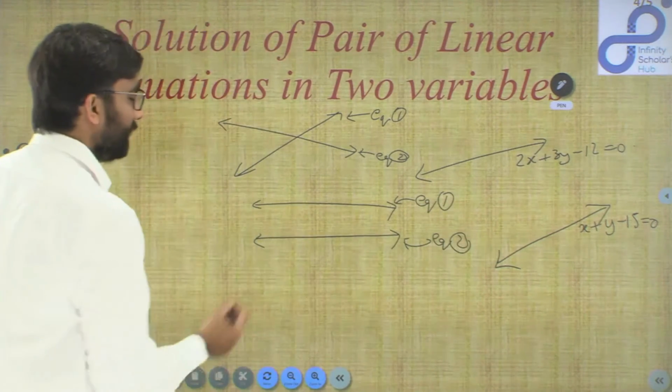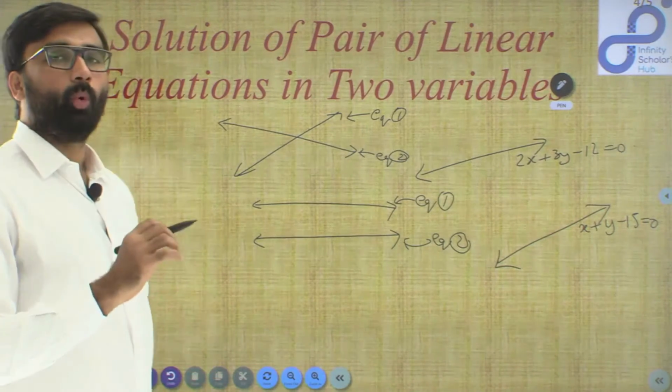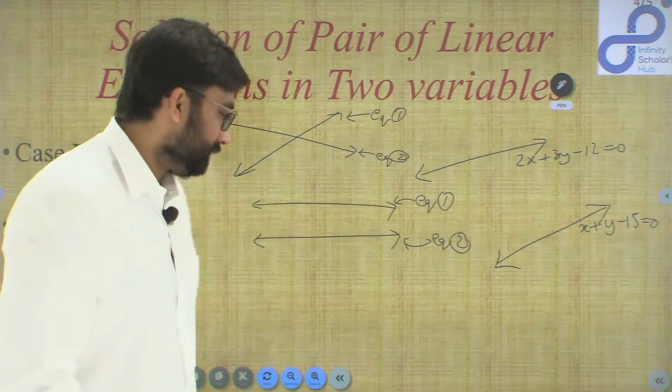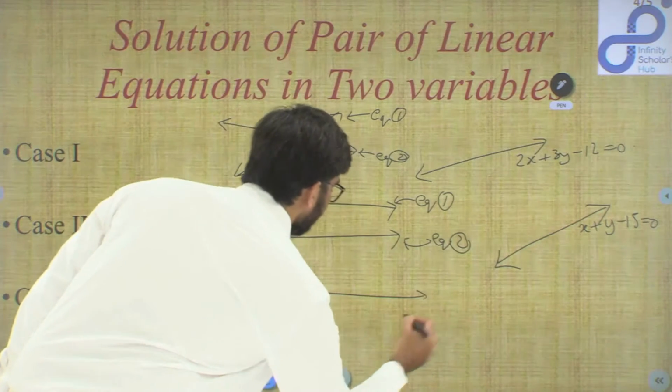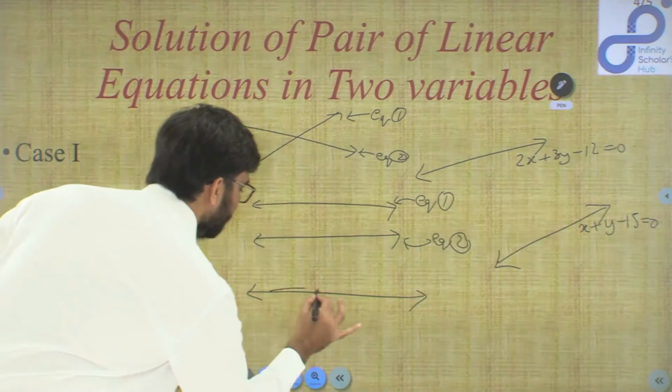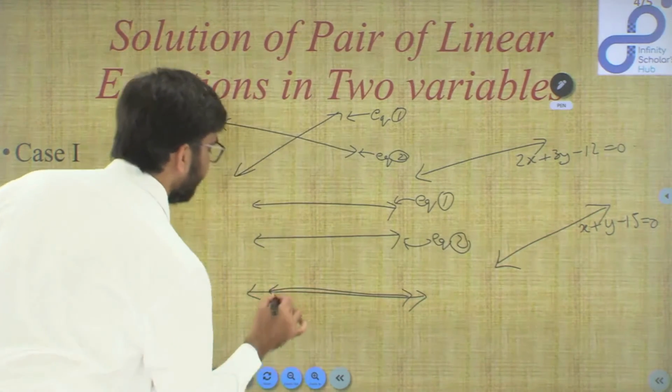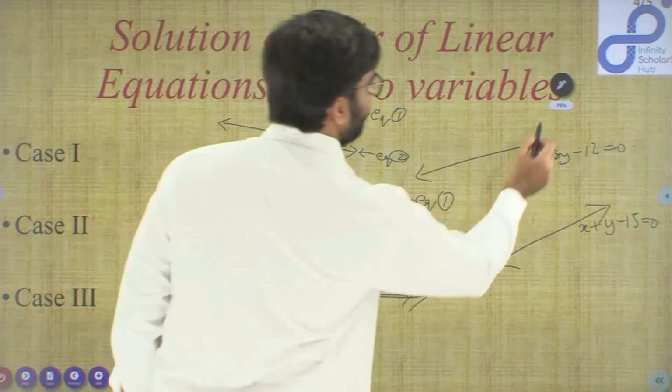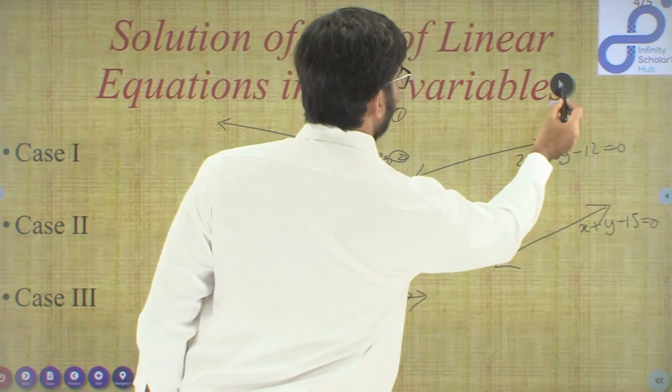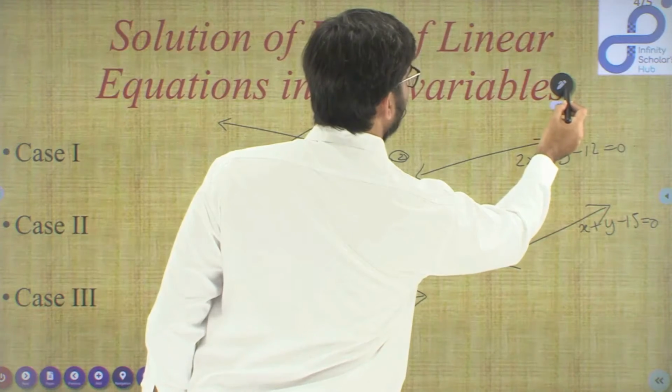Okay, and the third and final condition is that both the lines are coincident. That means they are one upon the other. See, this is one line and this is another line which is exactly on it. This is not looking exactly on it, so let me just make it exactly on it.